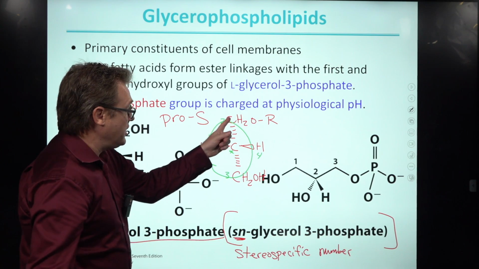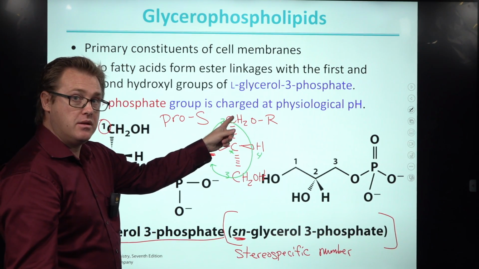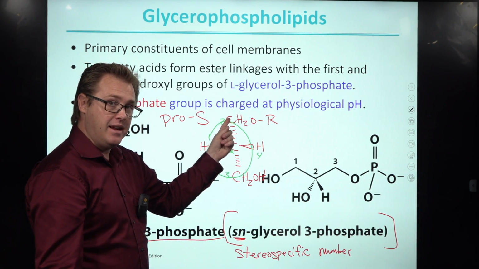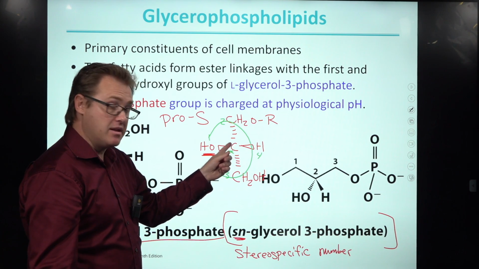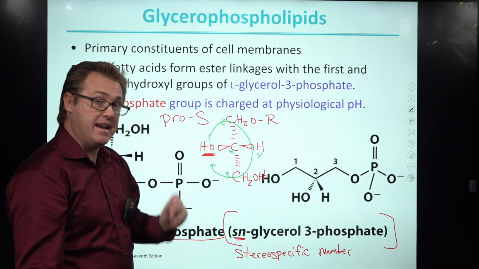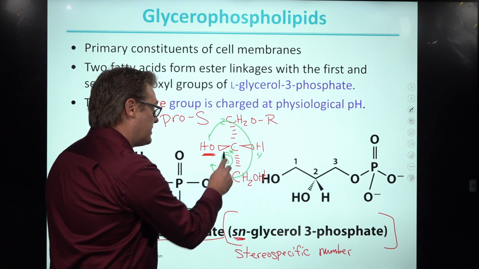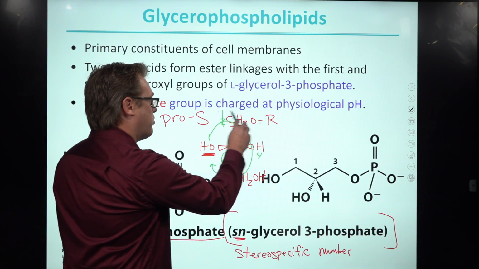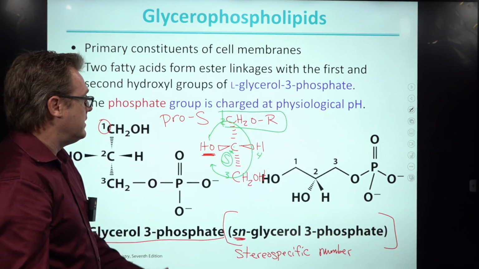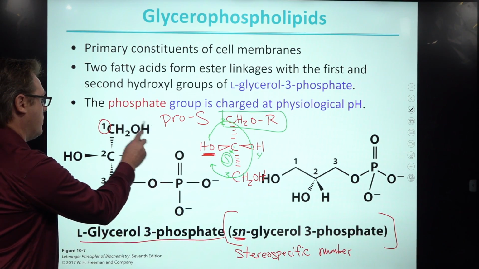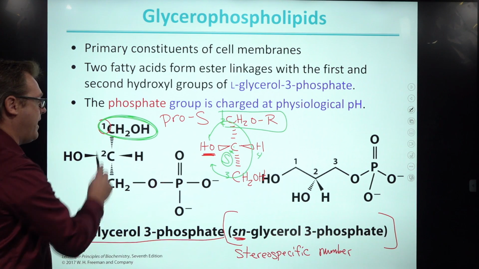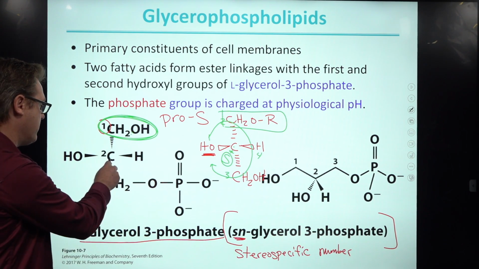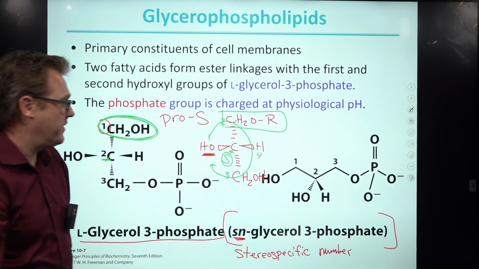So by changing this alcohol and making this carbon right here a higher priority, this is now a stereocenter, and it is an S stereocenter. So this right here is the pro-S arm. That's the pro-S arm, saying that if we make that a higher priority group by attaching something to it, that will give this stereocenter the S configuration.